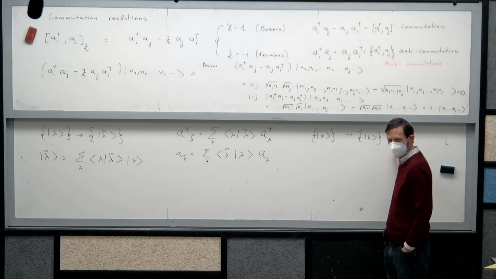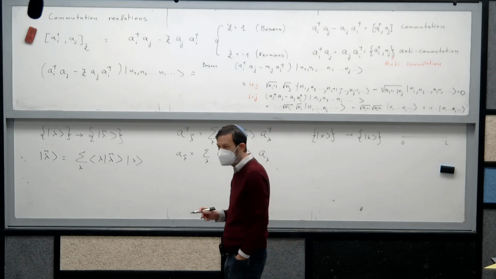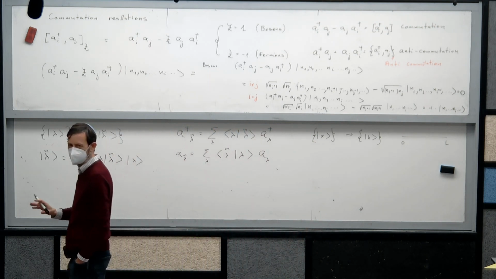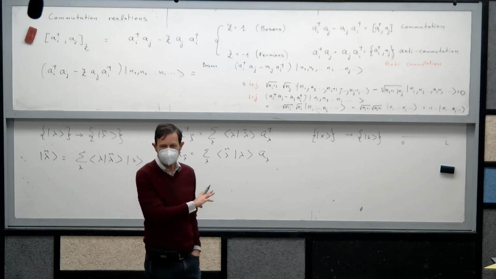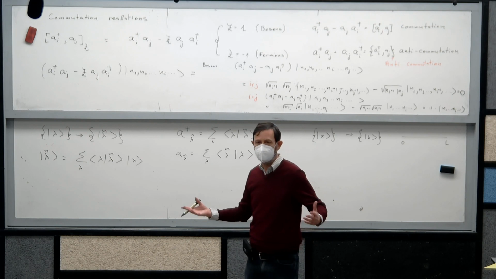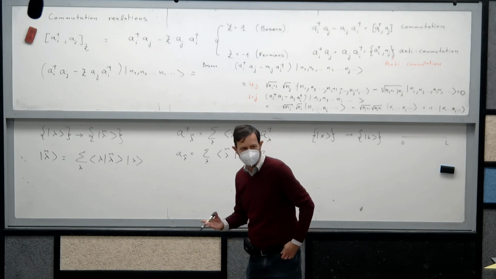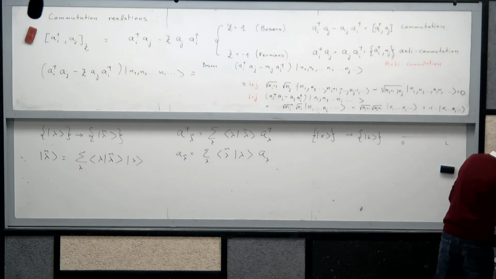Discrete. K will be discrete. And life is always easier in discrete, so I prefer to stay discrete in K representation, and if I need to, at the end I'll take L to infinity. Okay.